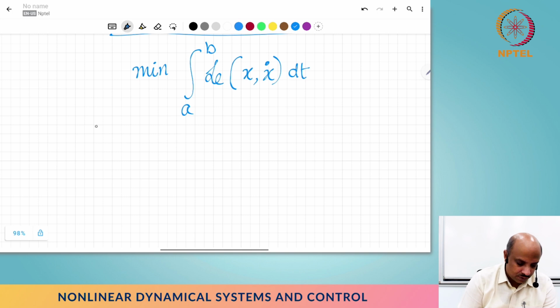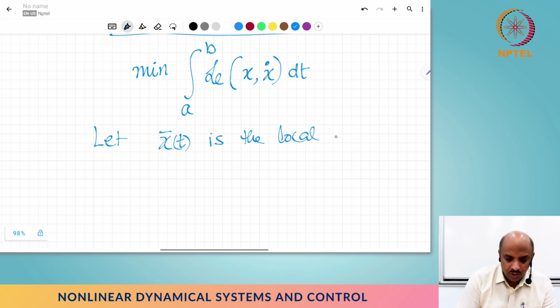Let's basically assume that x bar of t is the local minimum. Okay, what do we mean by local minimum?